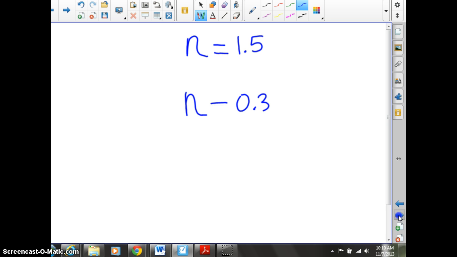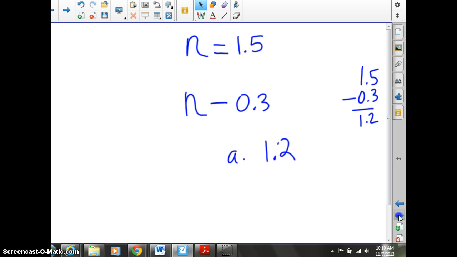Solve for that. Kiara? 1.2. Our answer is 1.2. We slid the 1.5 down, we subtracted, and that's what we got. Good work. Good work. Okay, you guys ready for a little bit of a challenge now?